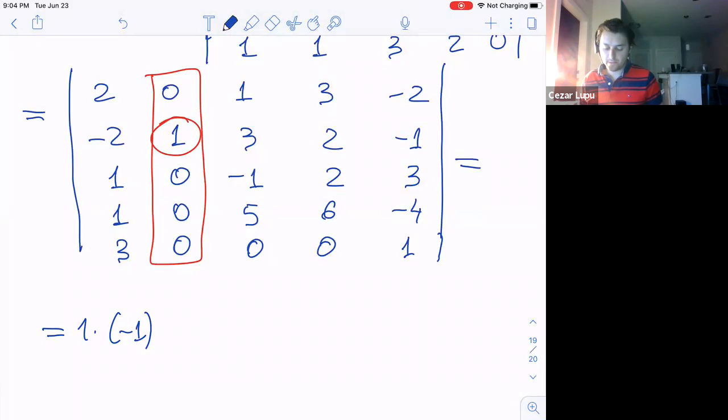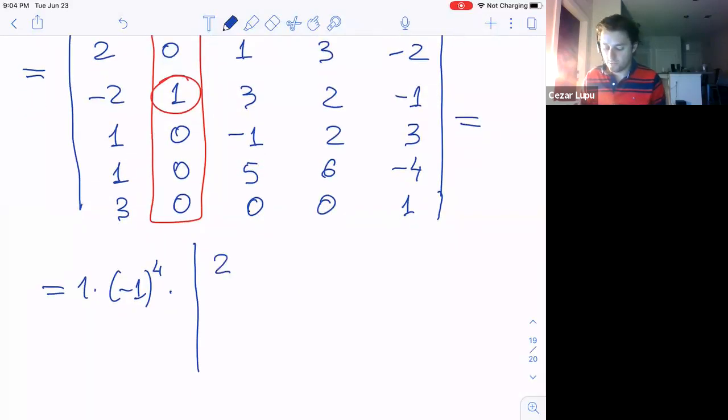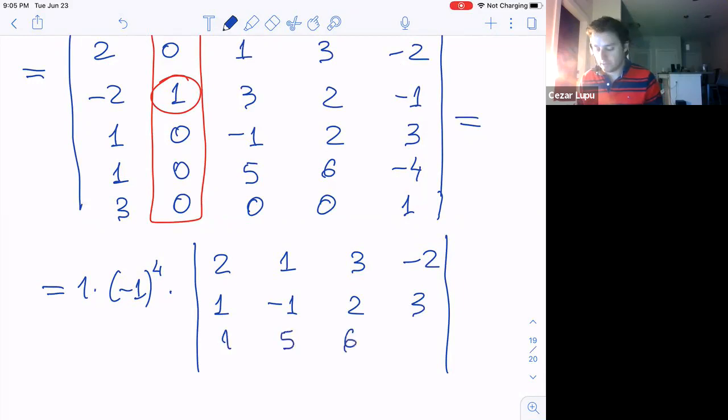So 4 times its minor. So it will be a 4 by 4: 2, 1, 3, -2, 1, -1, 2, and 3, 1, 5, 6, and -4, and 3, 0, 0, 1.